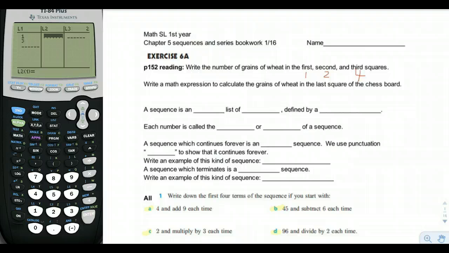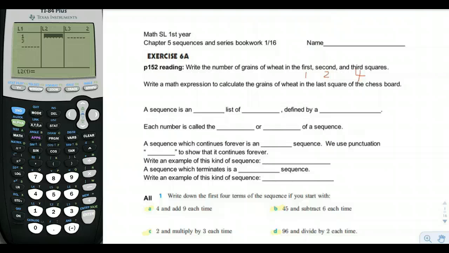Okay, and so write a math expression to calculate the grains of wheat in the last square of the chessboard. Well, we can see that in the first square it's just a 1. In the second square, it would be the first square times 2. In the third square, it would be the second square times 2.